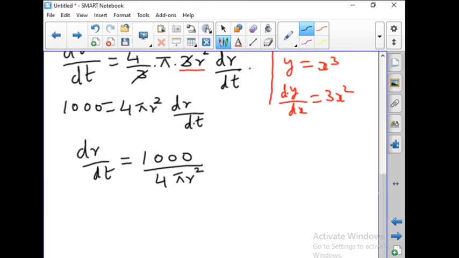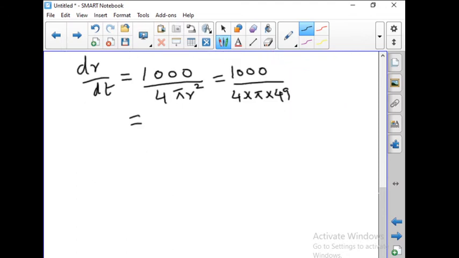Here r is 7, so it is 1000 by 4 into pi into 7 square. 7 square is 49. 4 goes into 1000 250 times. So you get finally 250 by 49 pi.